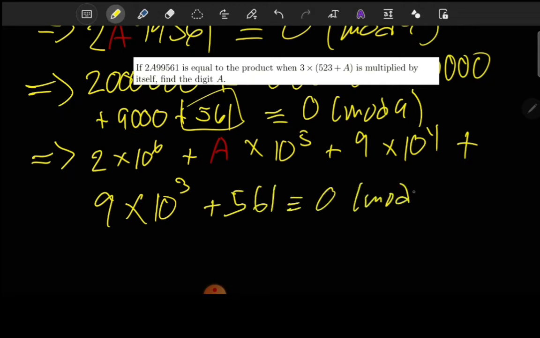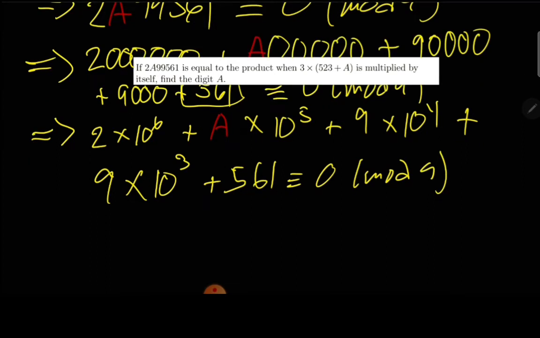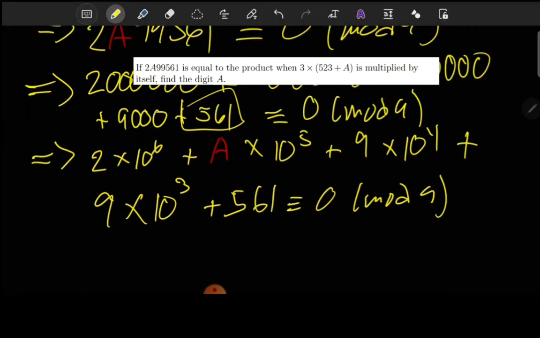We're going to do modulo right now. If you take the modulo of this number, you don't need to take the modulo of 2, because the remainder of 2 divided by 9 is obviously just 2.